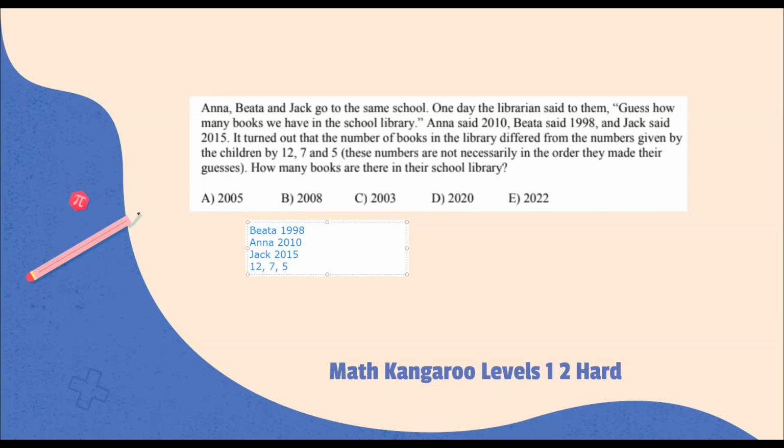Right, so this is not necessarily the right order that they made their guesses, right? So maybe Beta was off by 7, maybe Anna was off by 7, maybe Jack was off by 7. And now you have to figure out how many books there are in the school library.